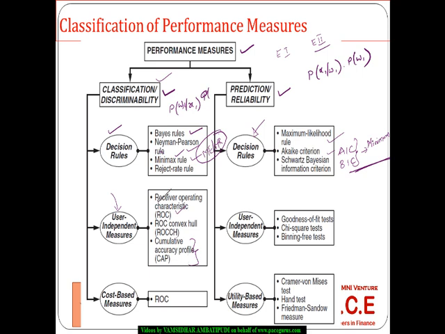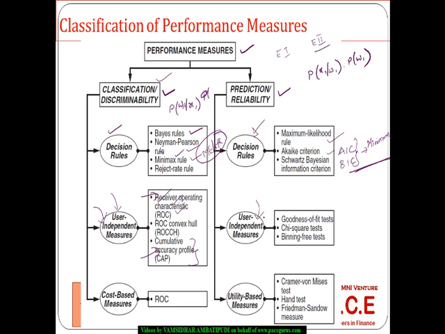Now we have discussed these two models, so I can very well choose whichever model is more appropriate by looking at either the ROC or the CAP curve, whichever model is steeper. I can use that model as a much better measure. So these are the user independent kind of measures.